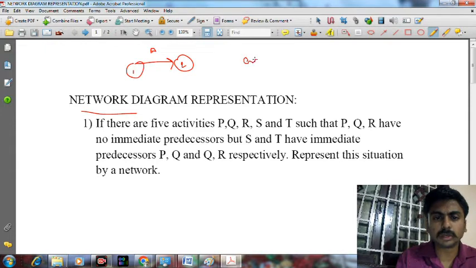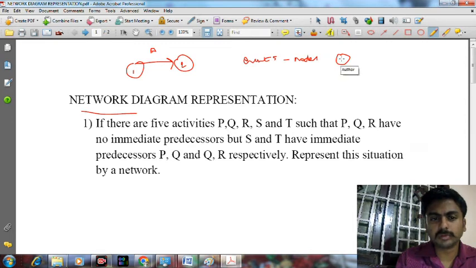Events are called nodes, and they are represented by a circle.